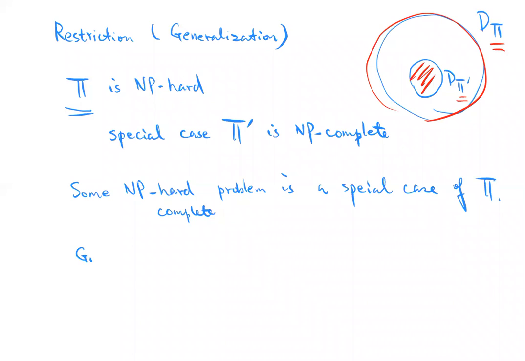And typically what we do is, given particular values, give a particular value to the arguments, say parameters, involved in the problem definition.